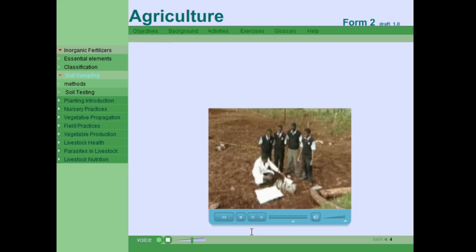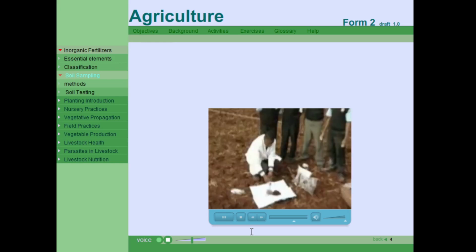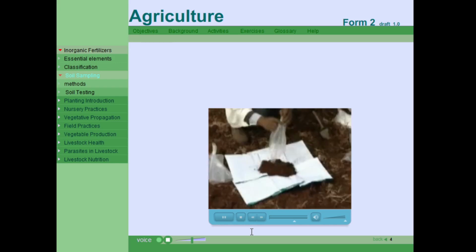We shall now pour all our soil samples on this white background mat and mix thoroughly. We shall mix thoroughly to ensure homogeneity, which is important for the representative sample.